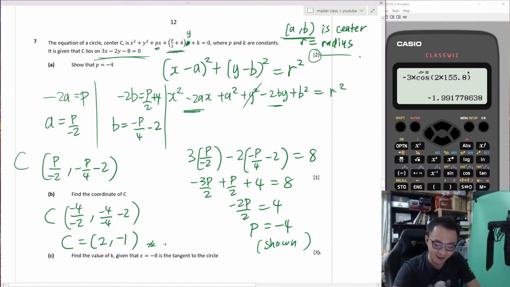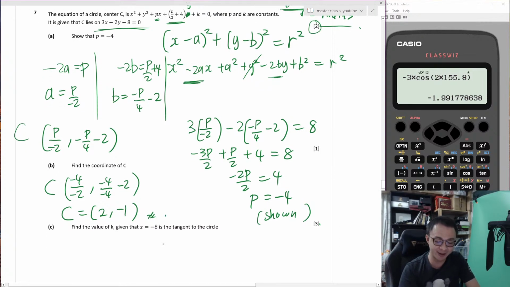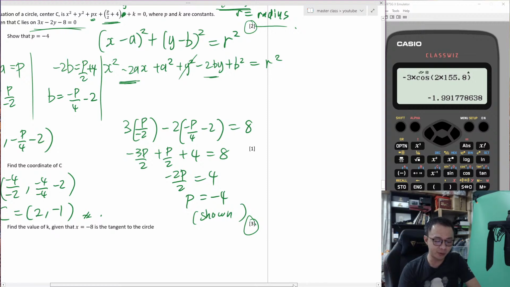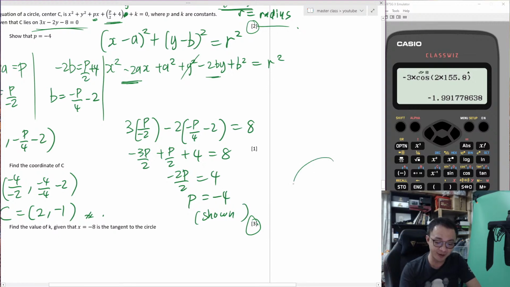Okay. Then this 3-mark question, a lot of work. Need to do this one for 3 marks. Find the value of k when x equals negative 8 is tangent to the circle. Okay, so what I want to do here is, let's say I have a circle like this, and then I have a line, which is x equals negative 8, that is the tangent to this circle, and my center point is 2, negative 1.